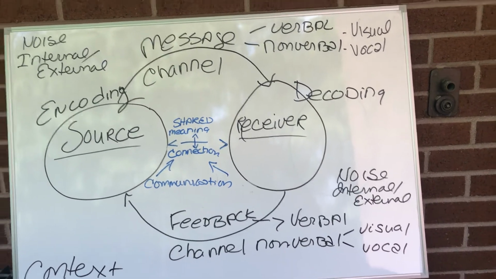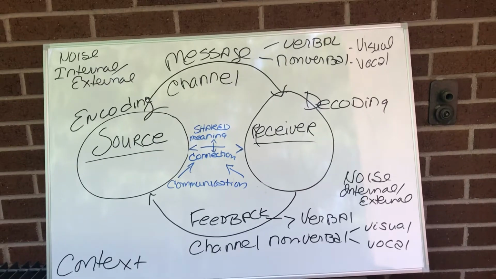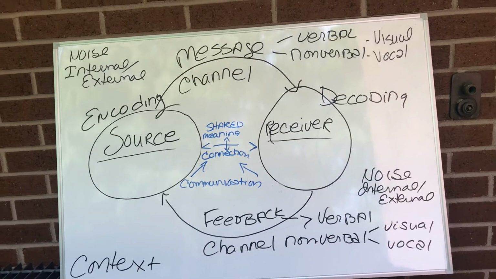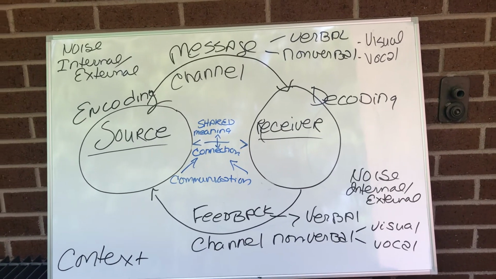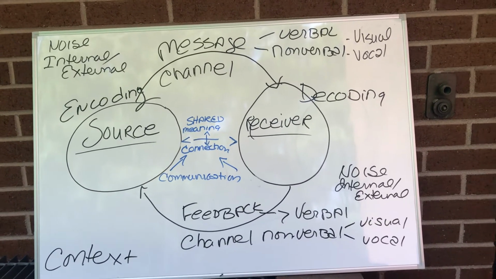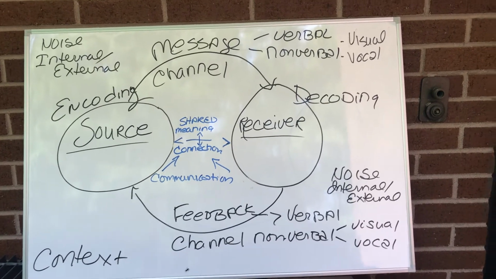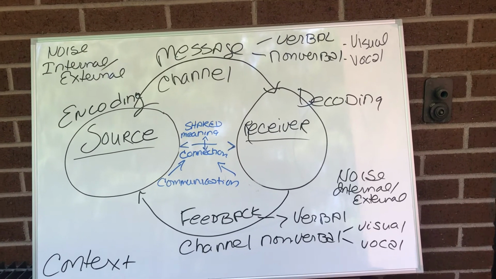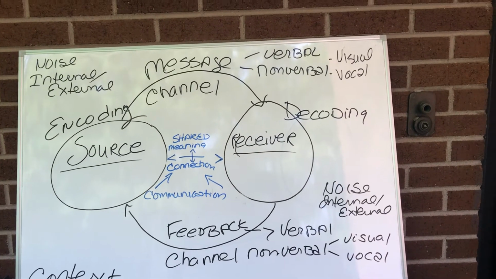You are always sending out a message. Anytime you are with another human being in the same viewing or in the same medium, like you're both on Zoom or you're both on FaceTime, you are always the source and the receiver, because you cannot not communicate. Even silence is communication, and especially the nonverbal.